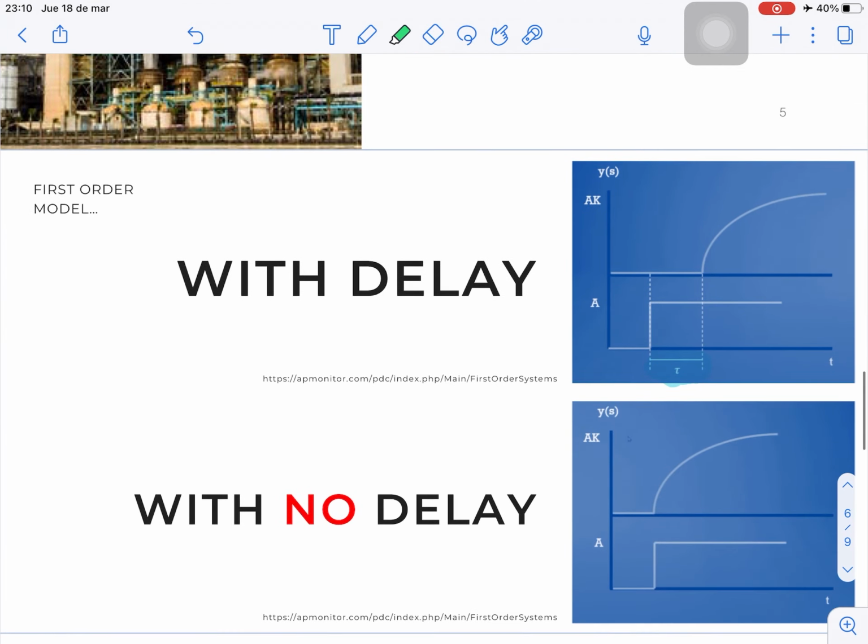To start, we obtained these two graphics from this URL, this source, and in the first one we can see our common model with delay.